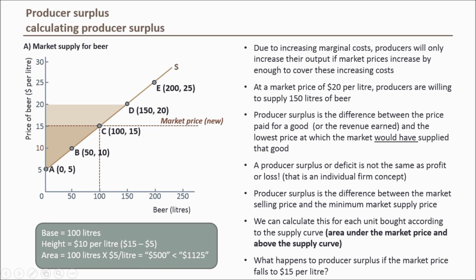This gives us a new total market producer surplus of $500, which is lower than the previous producer surplus of $1,125. We can therefore see that a decrease in the price of beer from $20 per litre to $15 per litre more than halved the producer surplus.